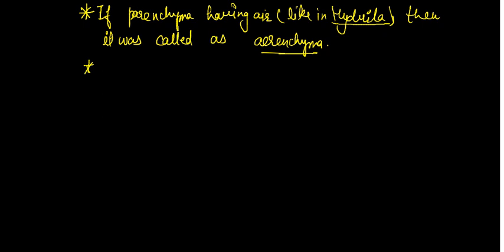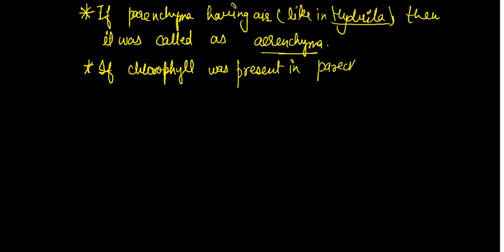If chloroplast or chlorophyll is present in parenchyma, then it is called chlorenchyma.